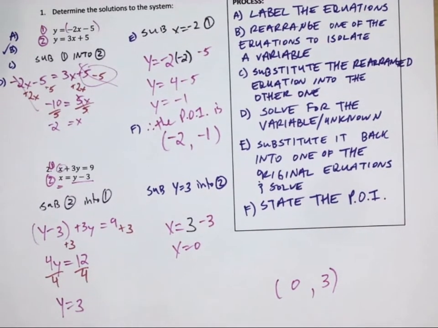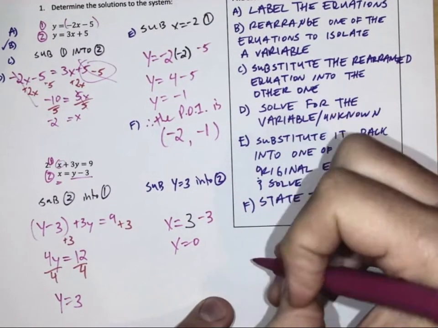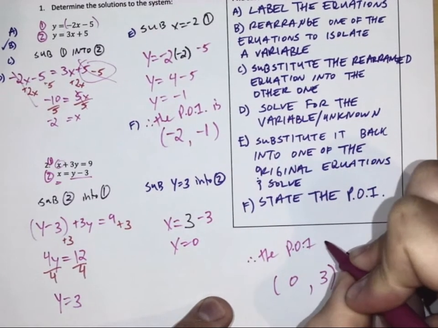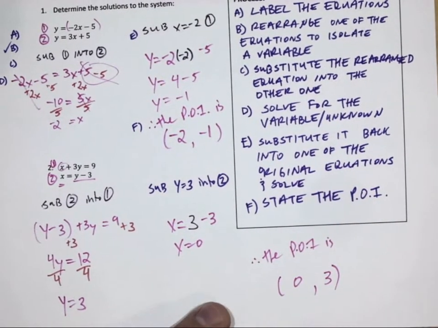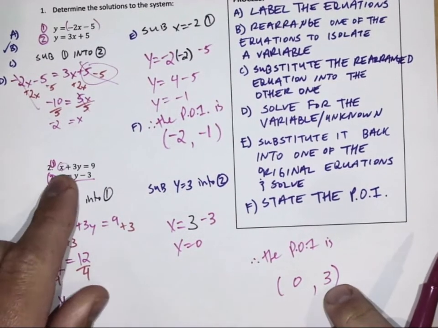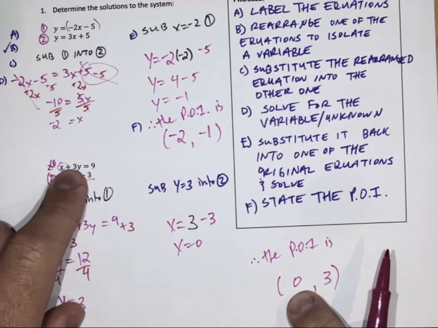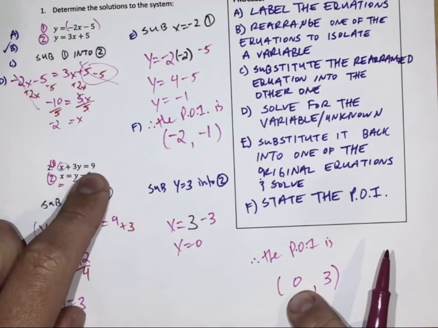My final step, my communication: therefore, the POI is 0, 3.